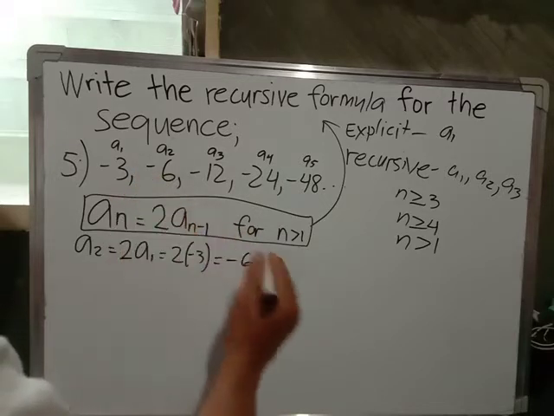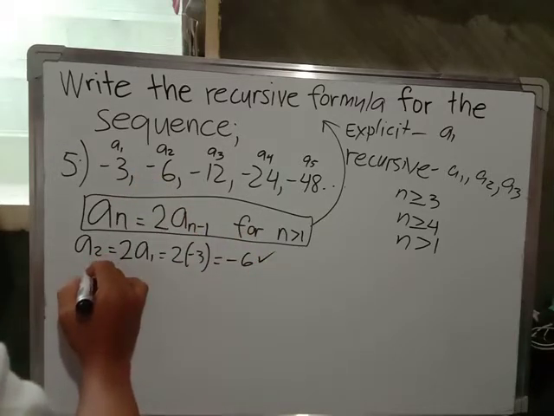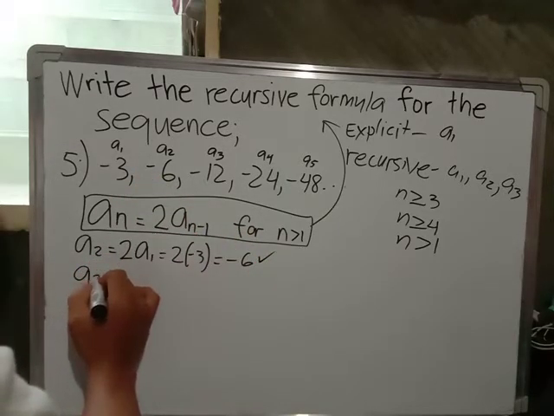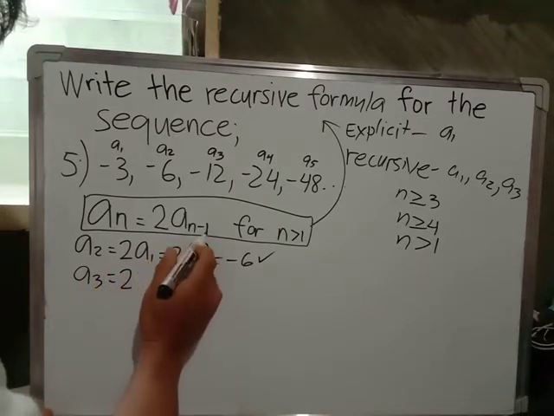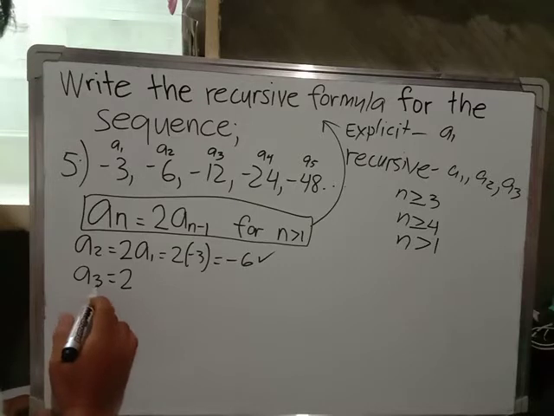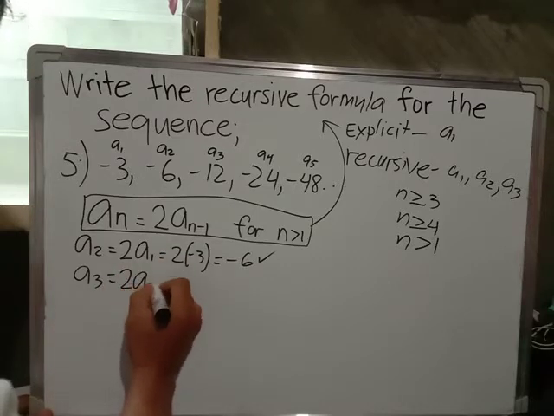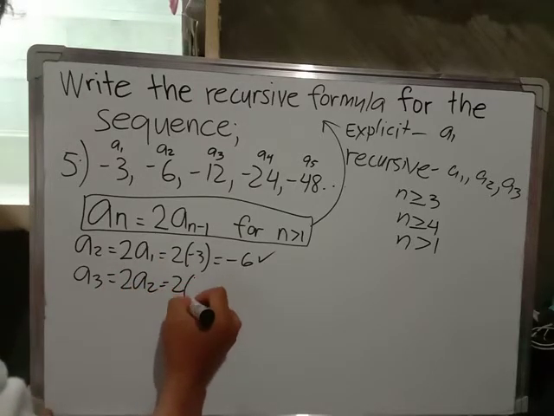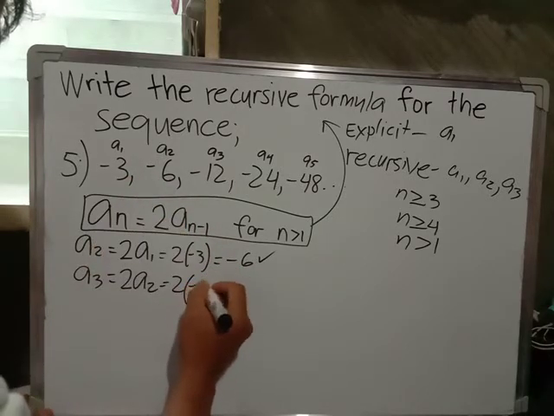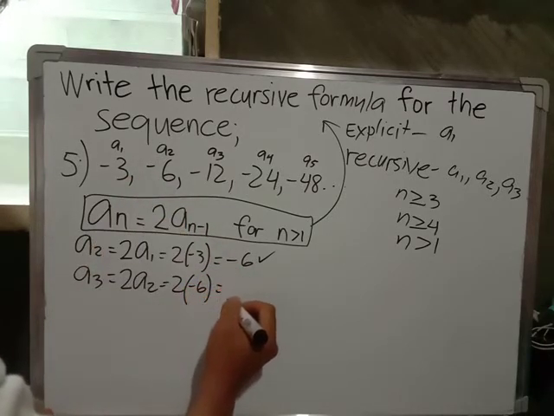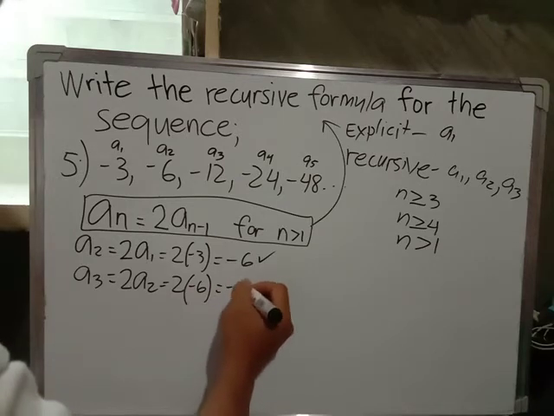So, negative 6 ito. Tama tayo. Then, E3 is equal to 2 pa rin times E n minus 1, sa formula, 3 minus 1. So, E2 is equal to 2 times yung nasolve natin kanina na si E2. So, negative 6 is equal to 2 times negative 6 is equal to negative 12.